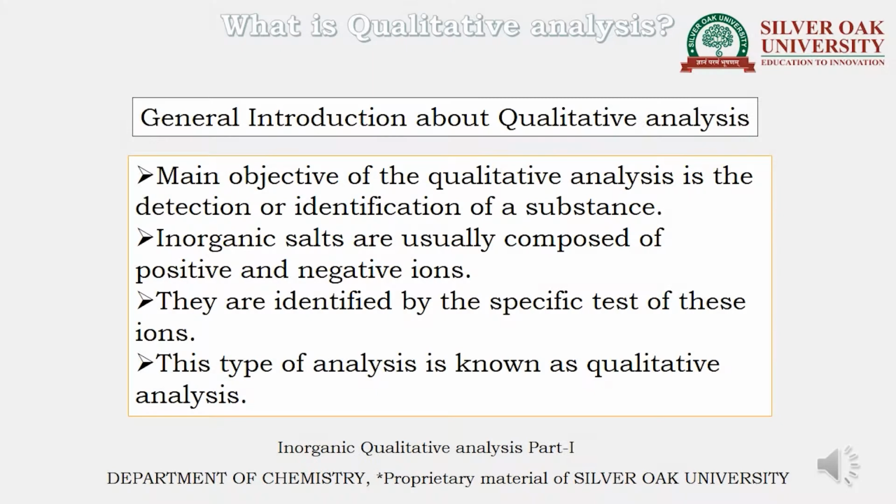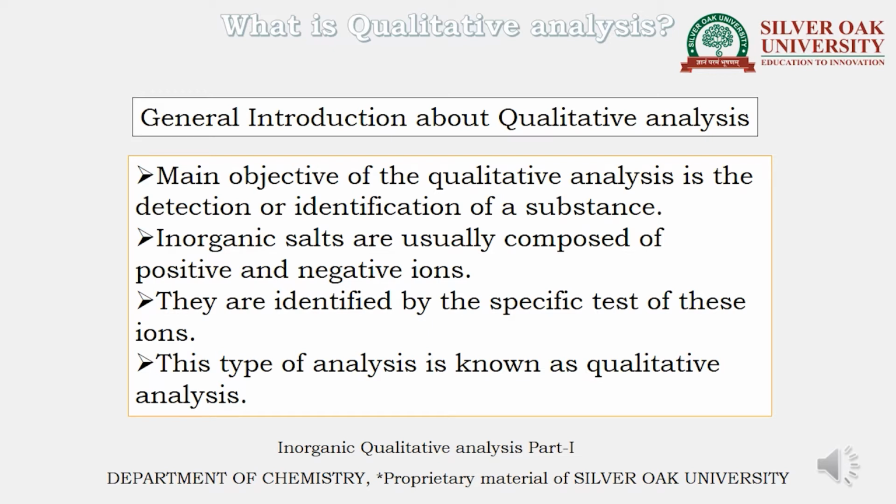Okay, now let's discuss what qualitative analysis is. Qualitative analysis is the detection or identification of a substance. Inorganic salts are usually composed of positive and negative ions, as you already know, and these are our cation and anion.